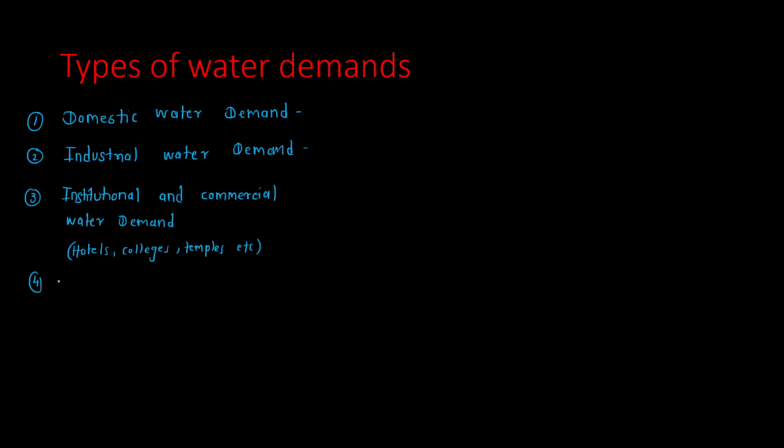Then the next is demand for public use. So what is the meaning of this? You must have seen some public gardens, and public toilets. We call it Sulabh Sauchalay.